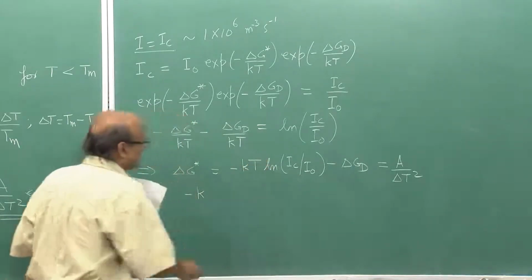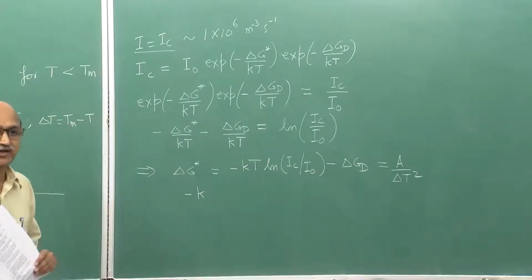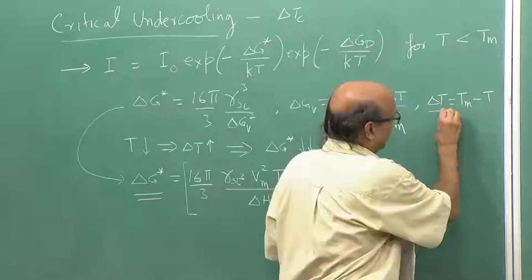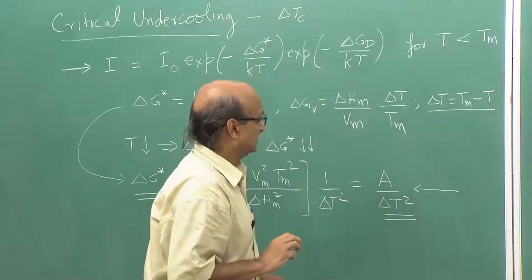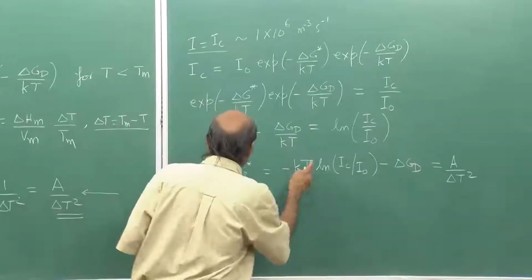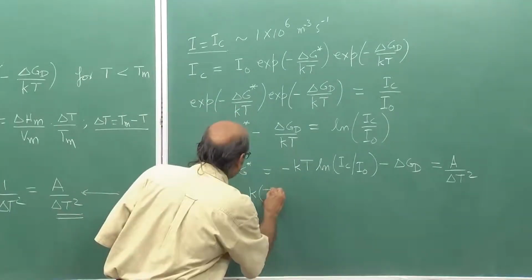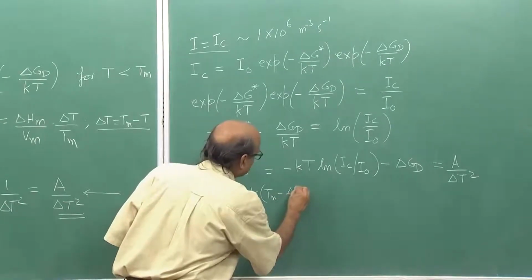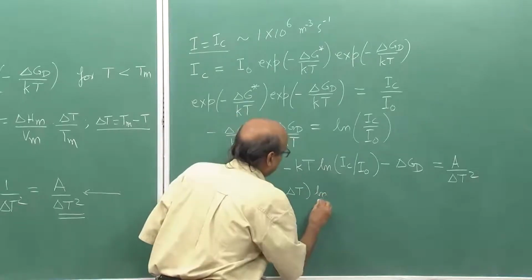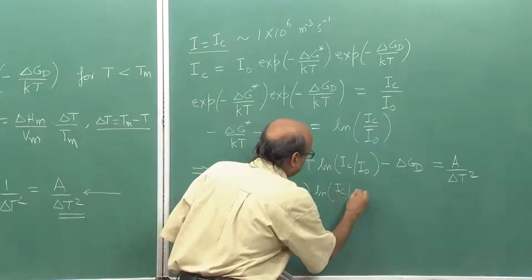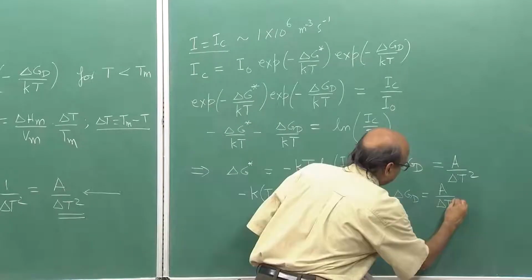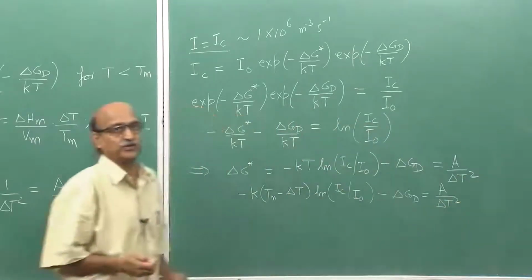Instead of writing T, let me write this temperature T in terms of the undercooling delta T. So, I can write the temperature T in terms of Tm and delta T. So, I can write it as minus k (Tm minus delta T) natural log IC upon I naught minus delta GD is equal to A upon delta T square.